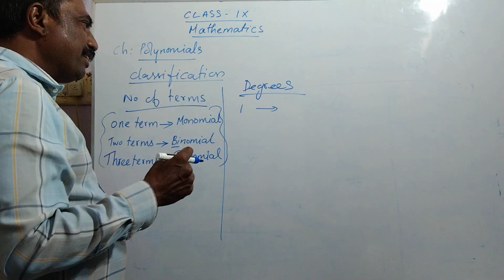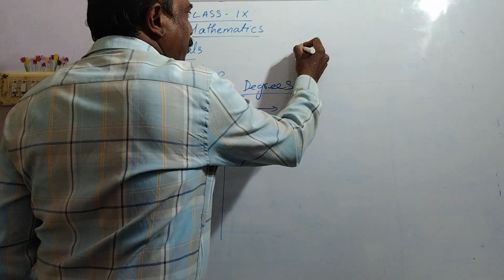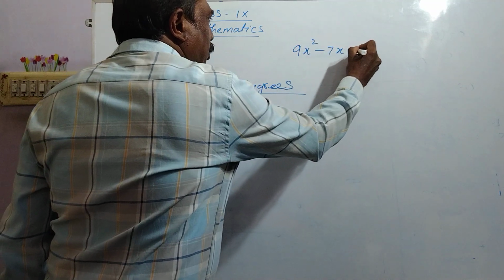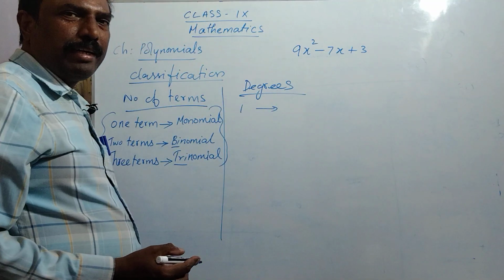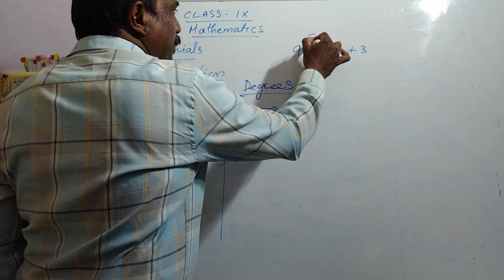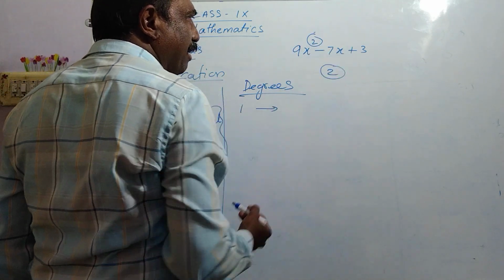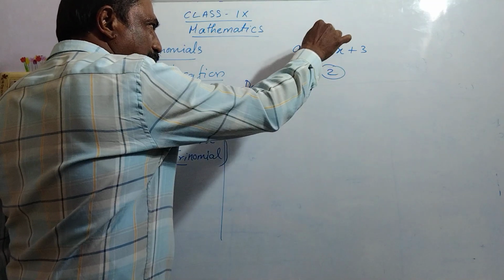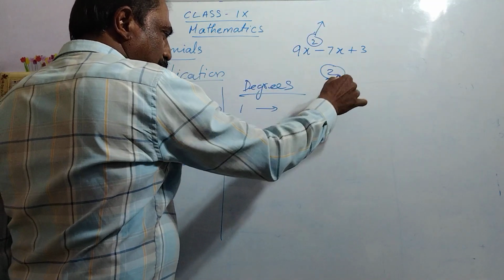Suppose you have a polynomial 9x square minus 7x plus 3. What is the degree of the polynomial? Yes, you are correct. 2 is the degree, because in this polynomial the variable is x and the highest power is 2. Therefore 2 is the degree.